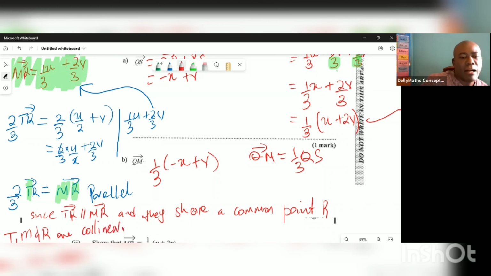And that's the idea. From those 3 points, find two vectors, show that they are parallel, and then identify the common point, and then it's all finished.